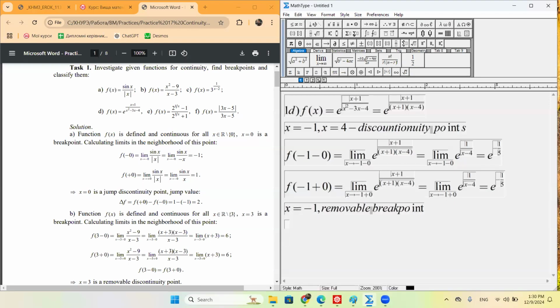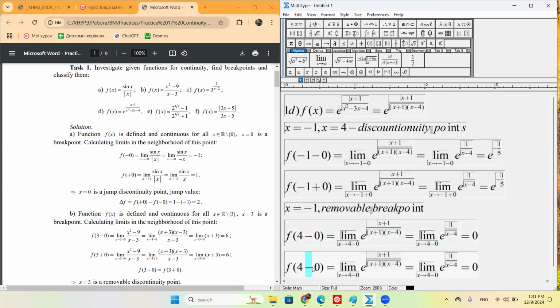Okay, and now we need to investigate also x equals 4. So let's go: 4 minus 0 and 4 plus 0. What do I have here? 1 divided by minus 0 is minus infinity, so e in the power of minus infinity is 0.